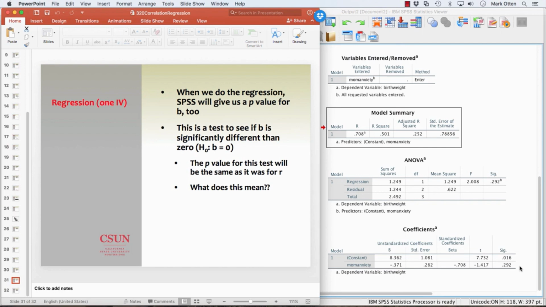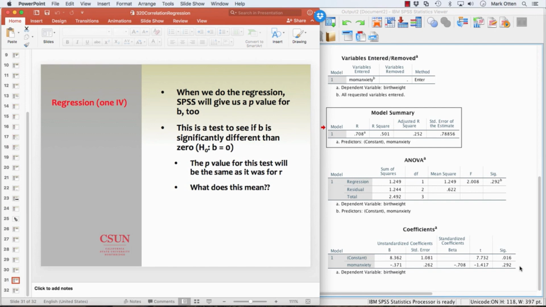We already knew that baby's birth weight and mother's anxiety were not significantly related. Now we're saying that mother's anxiety is not significantly predicting, or leading to changes in, or causing changes in birth weight. However you want to say it, it's the same result. And again, because of small sample size, it's very likely that no relationship was seen here. So we're not saying anything new.